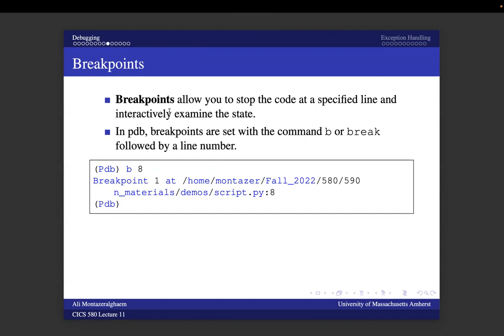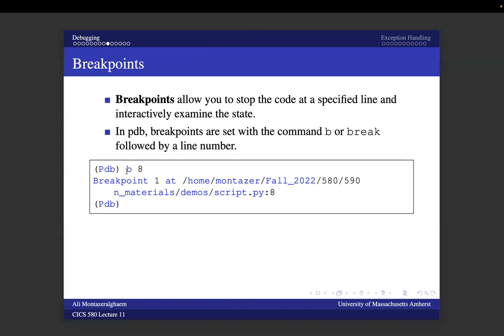Breakpoints are the locations where you want to stop the code, and you can define a breakpoint at a specific line and then examine the state at that location. In PDB, breakpoints are set with the command b or break, and then you specify the line number where you want to stop.